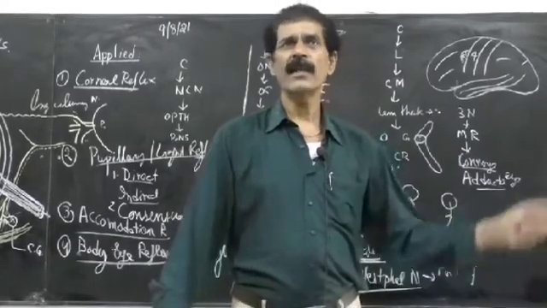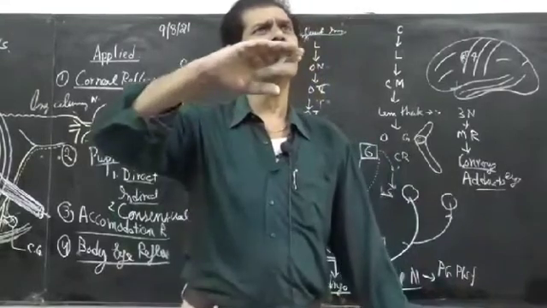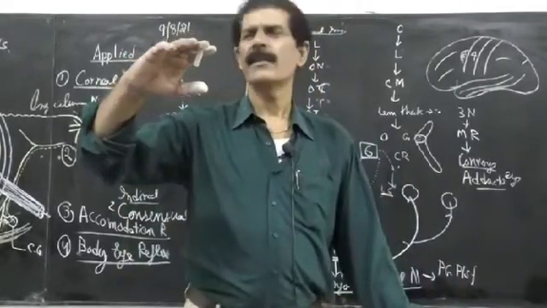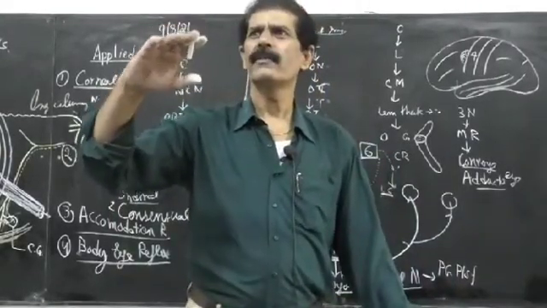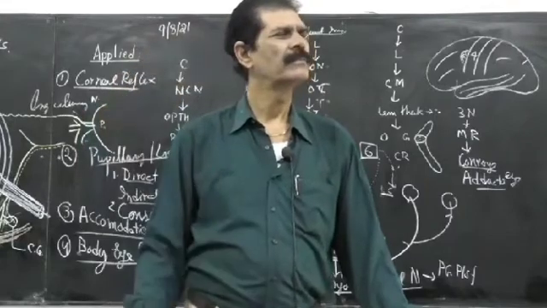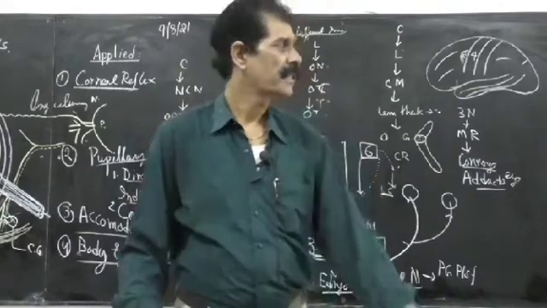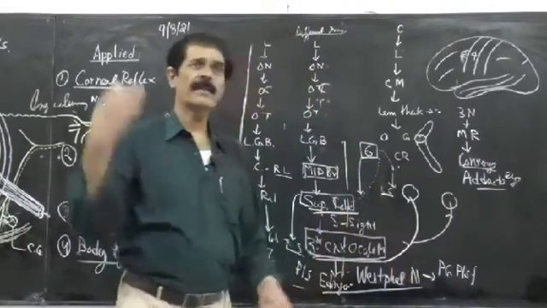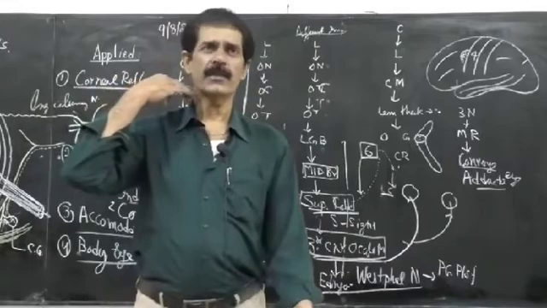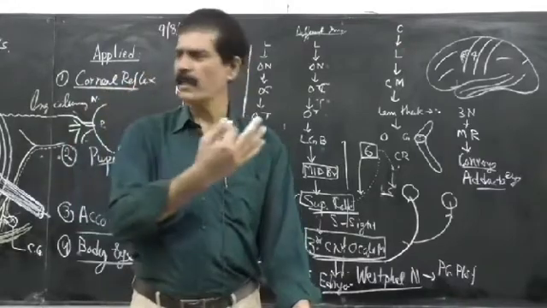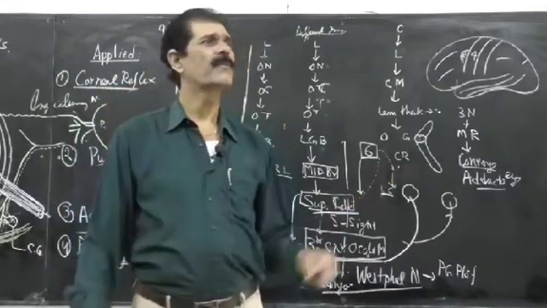These tectospinal fibers are only present in the upper cervical region, only up to C4. They are not going further down. So that is the response. When they go to the spinal cord, this tectospinal tract brings about the movement, which is called the conjugate movement.